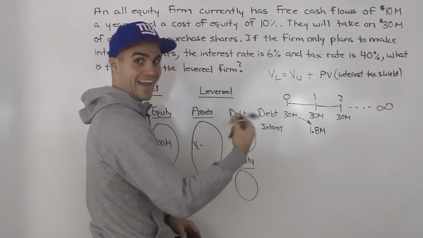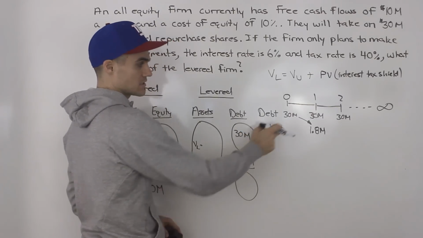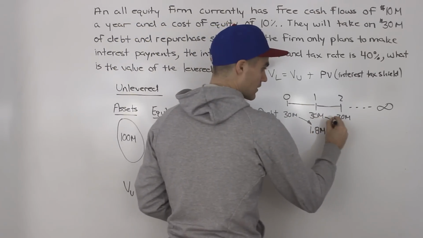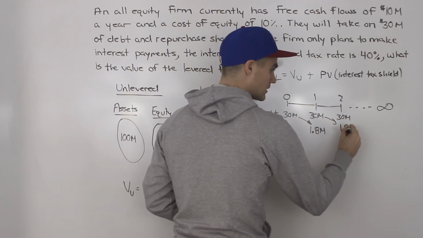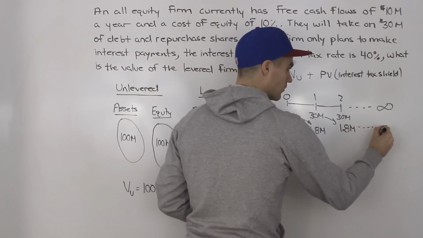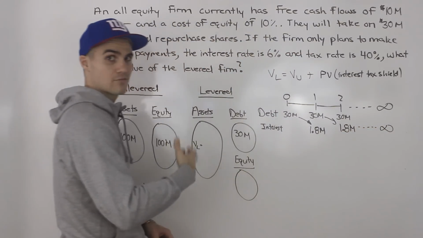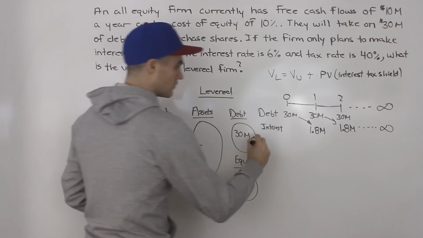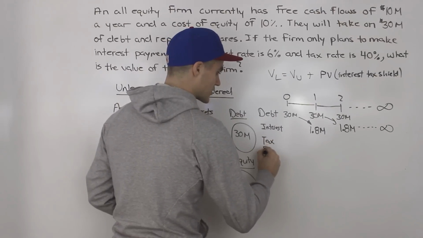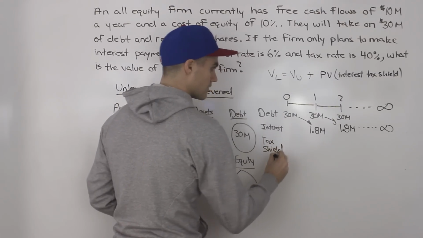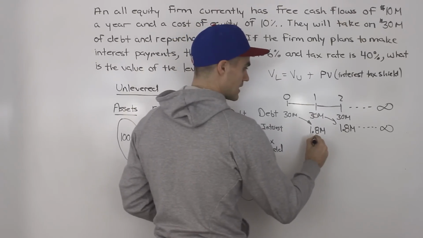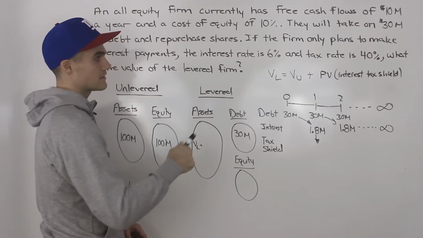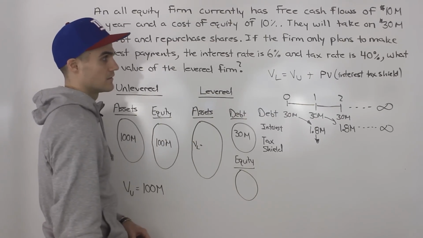It's going to happen at the end of the first year. It's going to be based on the beginning debt value. And then same thing here. It's going to be 1.8 million. They're going to be paying 1.8 million worth of interest every year forever. And then what we can do is calculate the tax shield on that interest. So we would basically take that 1.8 million interest expense and multiply it by the tax rate of 40%.